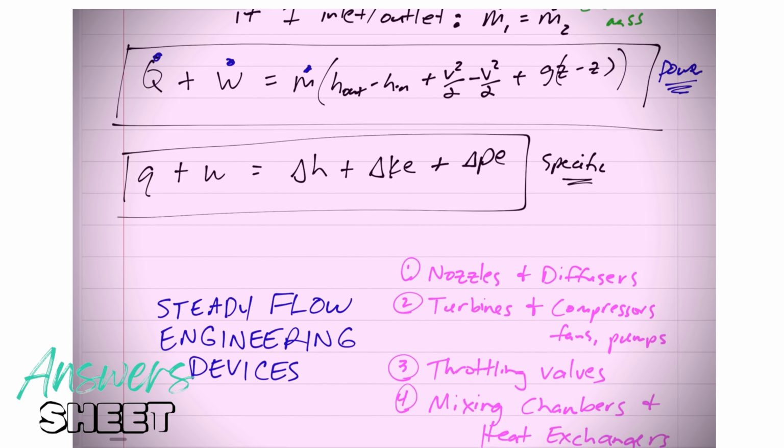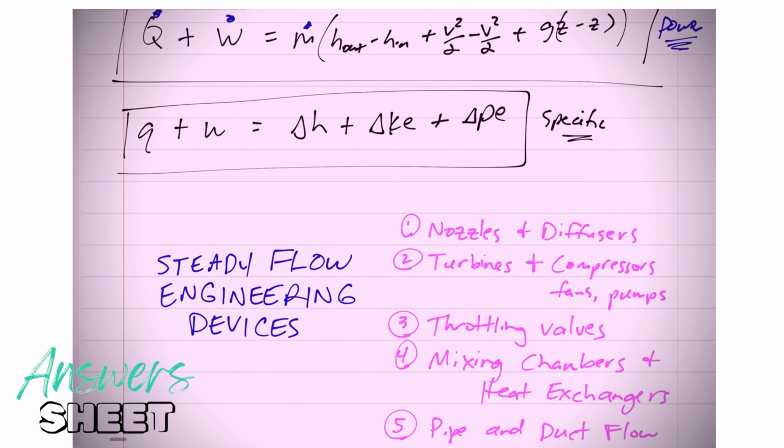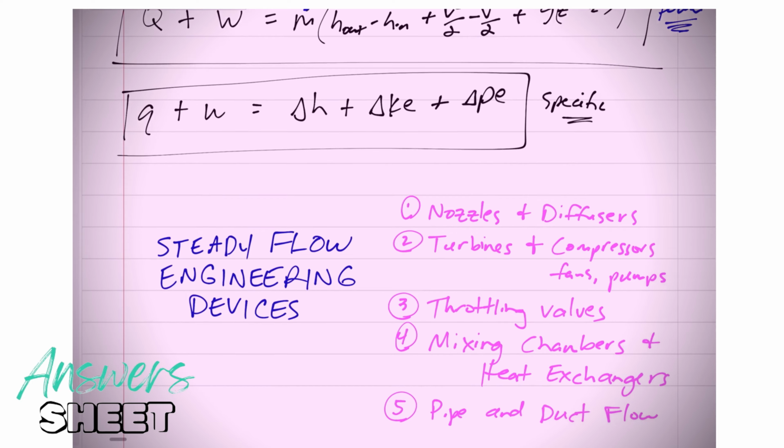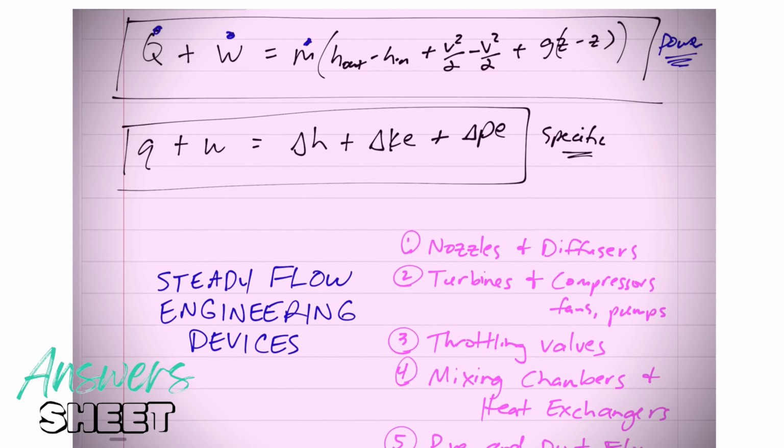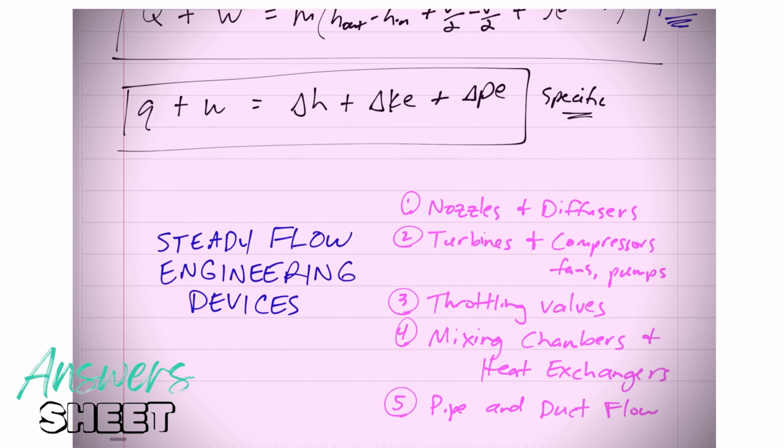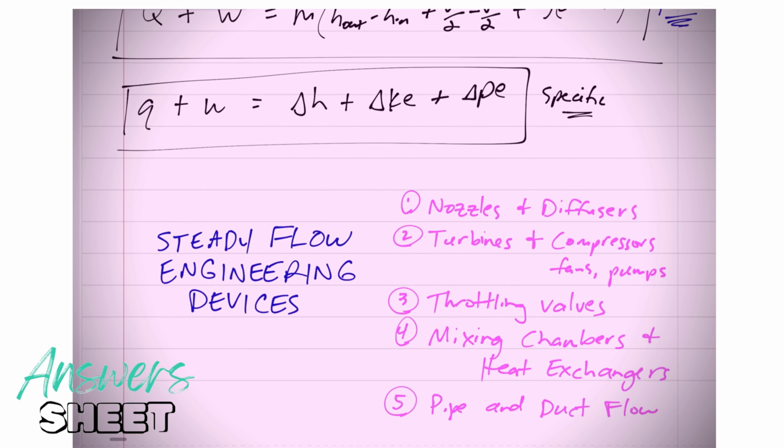Okay, so for steady flow devices like nozzles, diffusers, turbines and compressors and pumps, throttling valves, mixing chambers and heat exchangers, and pipe and duct flow, this is what I'm going to do.